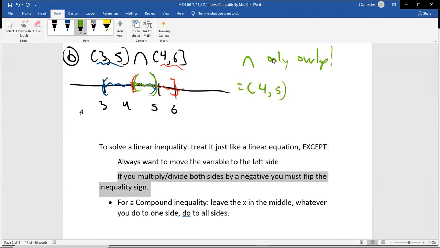You do everything the same: add, subtract, multiply, divide, square roots, squares, all that stuff, factor, except in the process of solving the inequality, I keep saying the wrong word. I keep looking at the word equation. That's my fault here. If you multiply or divide both sides by a negative, you must flip the inequality sign.